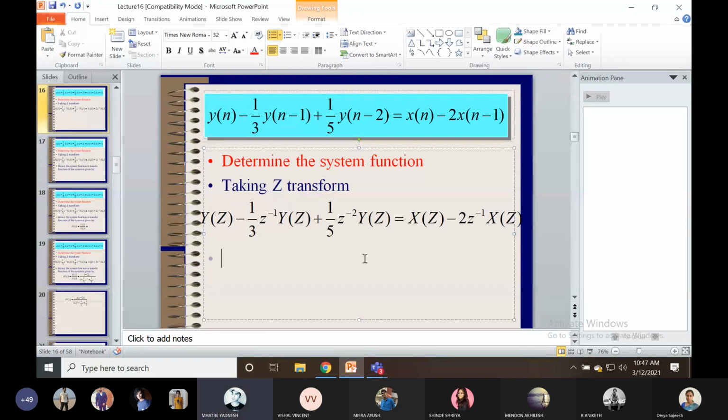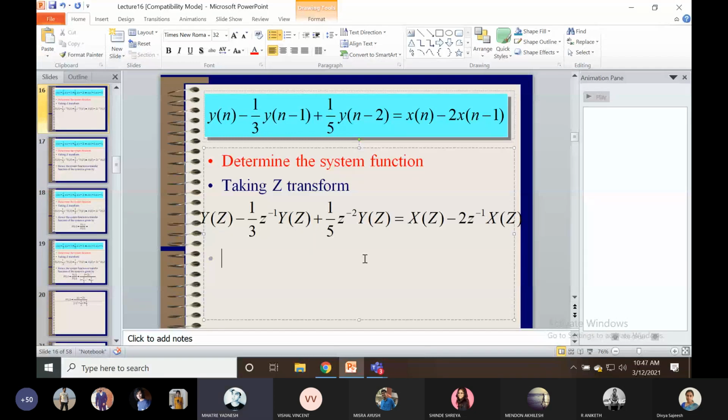So you are supposed to obtain the transfer function. Just now we explained. What is the equation for transfer function in terms of output and input?